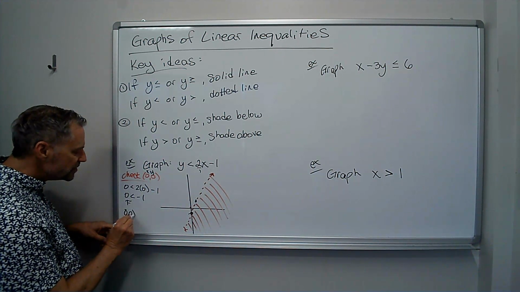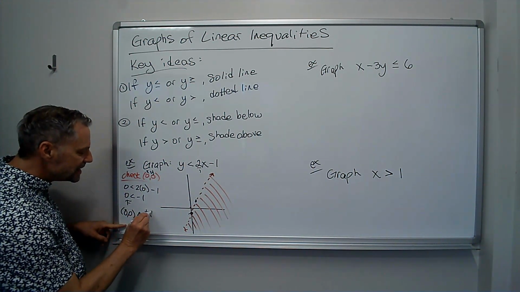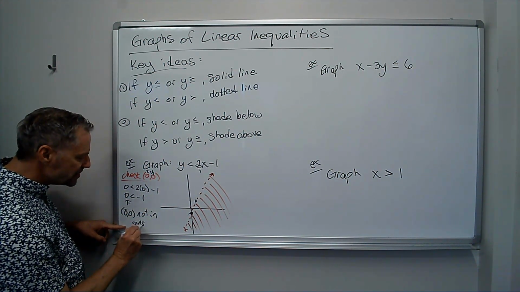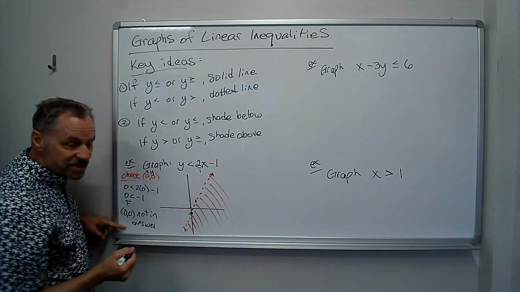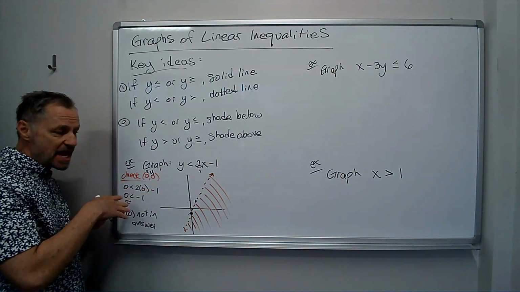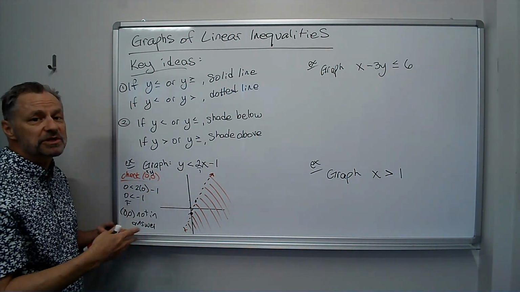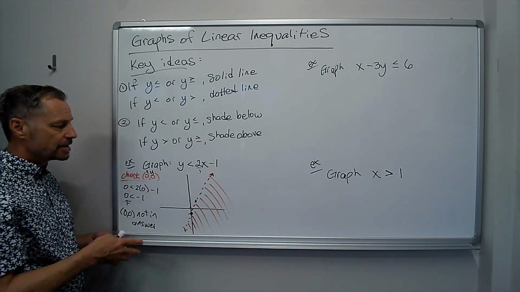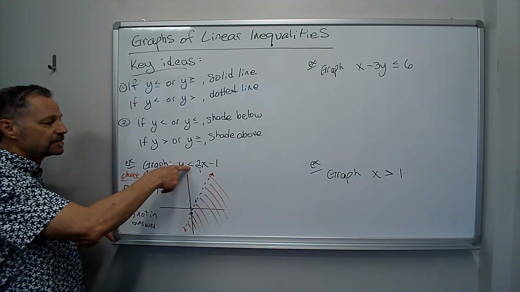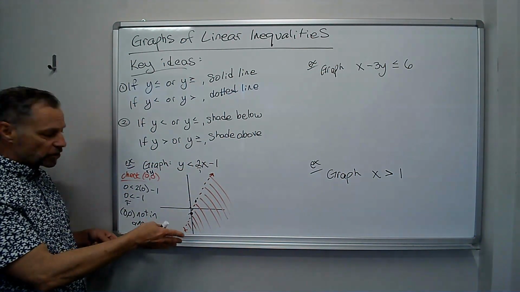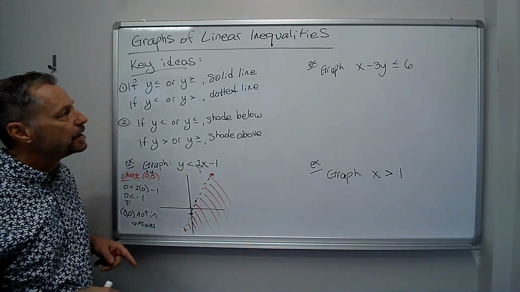So 0, 0 is not in the answer, meaning not in the shaded region. And notice, there's 0, 0. It's not in the shaded region. So I've checked, at least I know that point shouldn't be shaded, and it's not. Okay, so if you're just using the ideas of less than, shade below, that worked out, or you can always test a point.